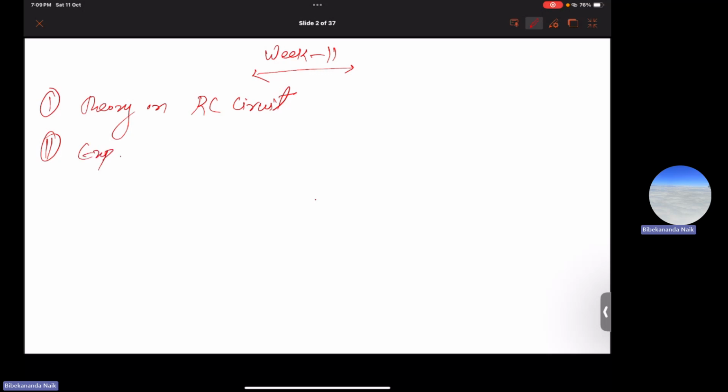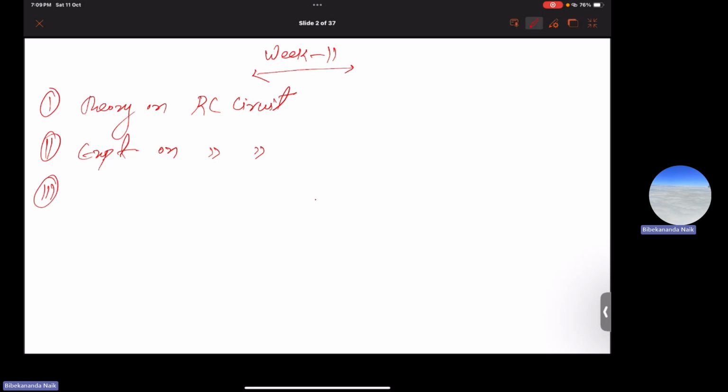If we talk about week 11 course contents, out of 5 lectures, 2 lectures were related to RC circuit. So it was theory on RC circuit, then experiment on RC circuit.